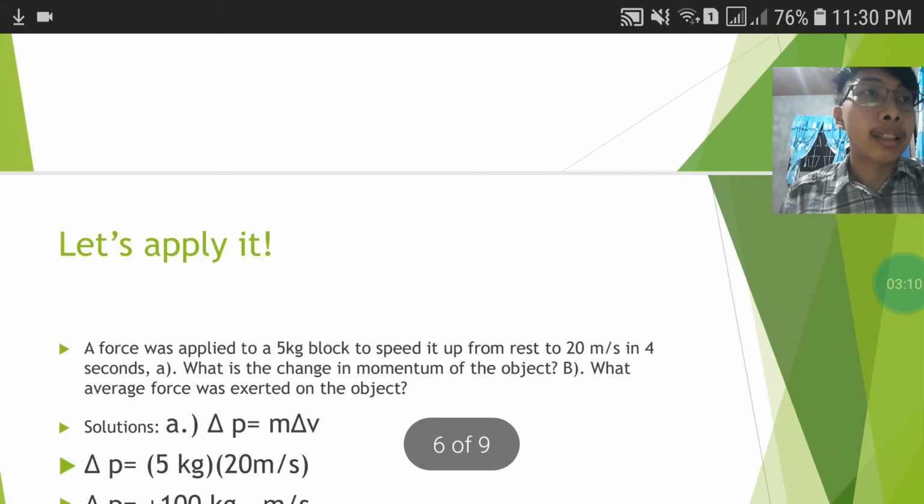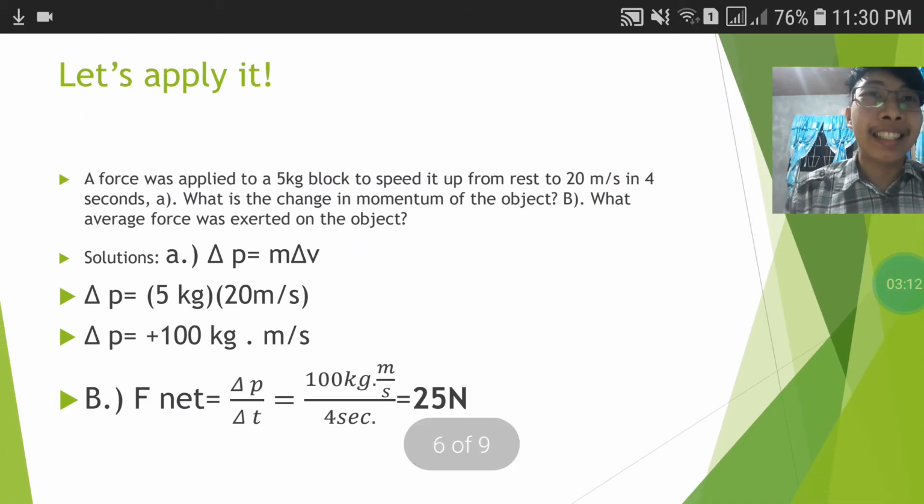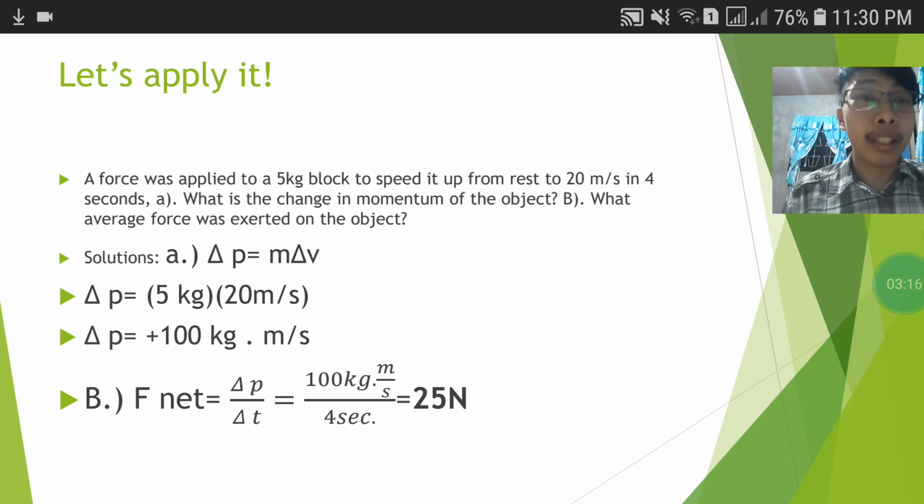So let's apply it. A force was applied to a 5 kilogram block. This is our first example. It speeds up from rest to 20 meters per second in 4 seconds. Our problem A is: what is the change in momentum of the object? And B: what average force was exerted on the object? Our solution: momentum is equal to mass times the change in velocity.